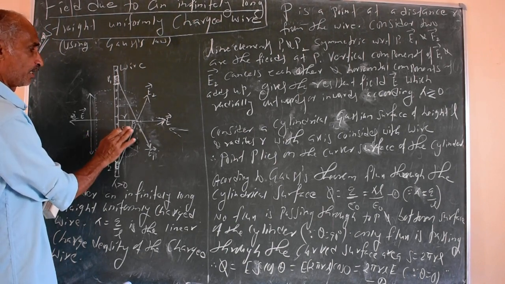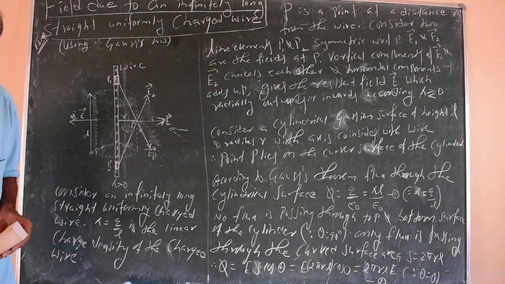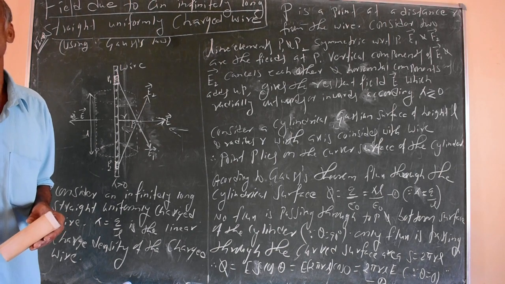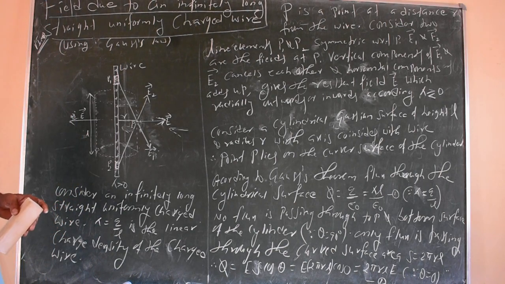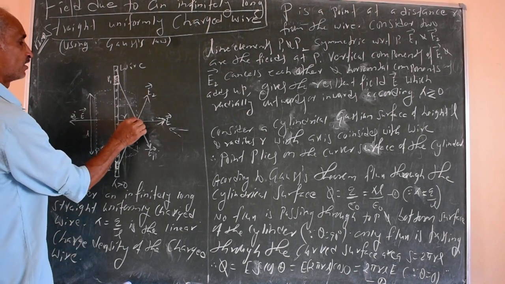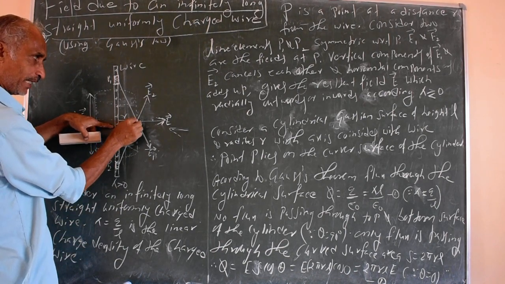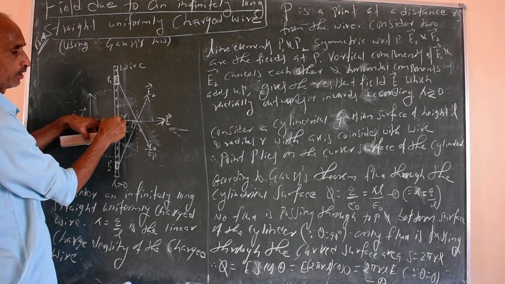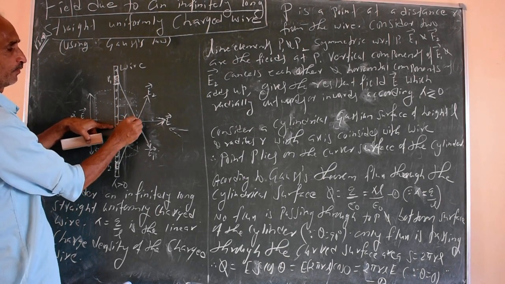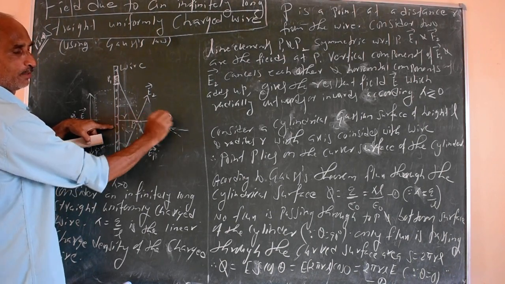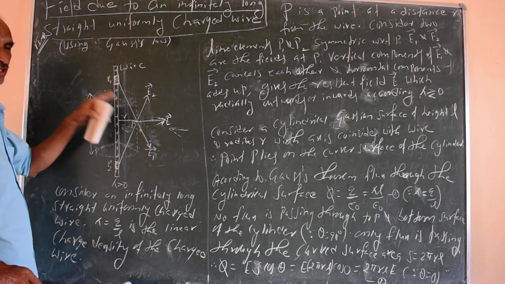You know that if the charge is negative, the field is towards the charge, and if the charge is positive, the field is radially outwards, away from the charge. Radially means along the line joining the charge and the point.